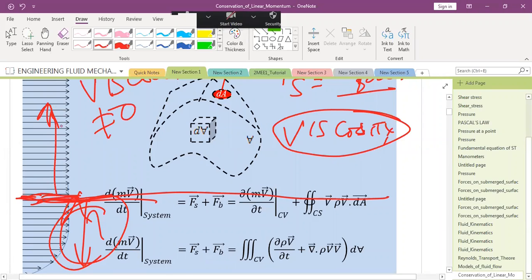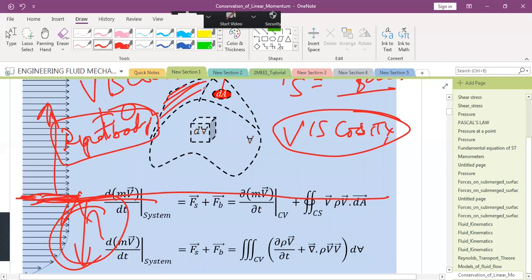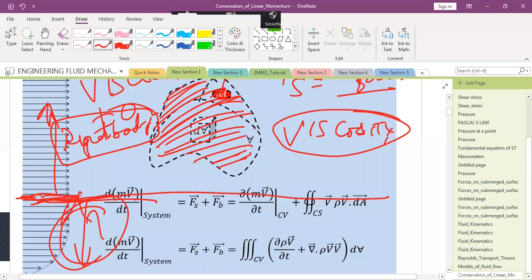So here fluid is as if it is moving as a rigid body. As if the fluid itself is a rigid body. So you can assign a single velocity to the entire control volume, as if everything is moving with the same velocity. So there is no relative motion.